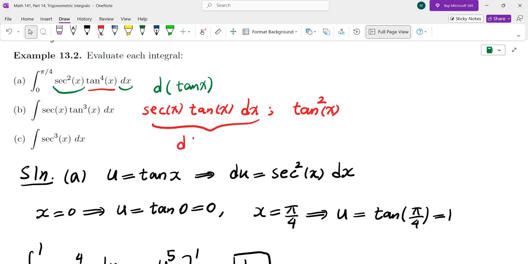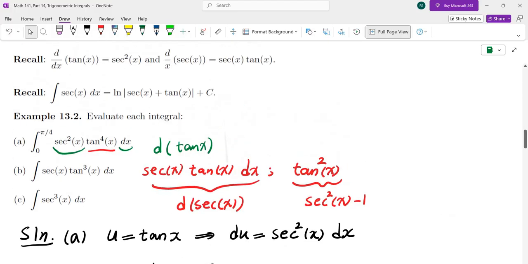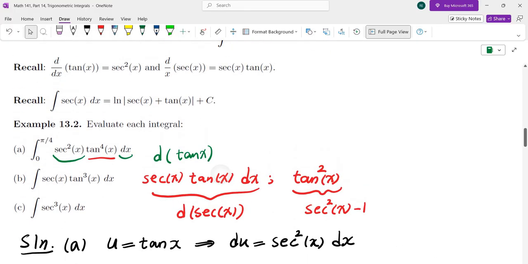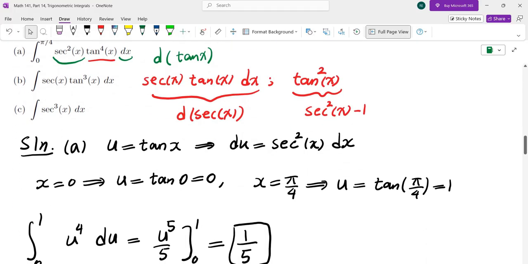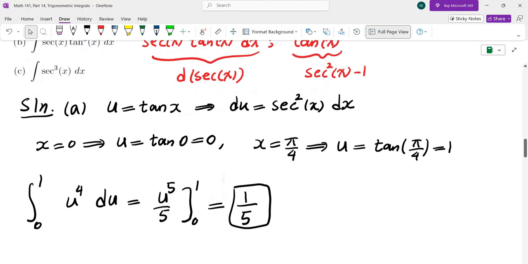This guy is derivative of secant of x. This guy, if you can write this down in terms of secant, then we are basically done. Well, we can do that because secant squared minus 1 is tangent squared. So that is another formula that you need to remember. That's one of the identities we have used before.